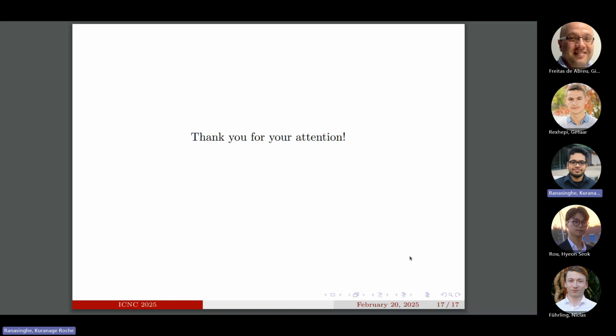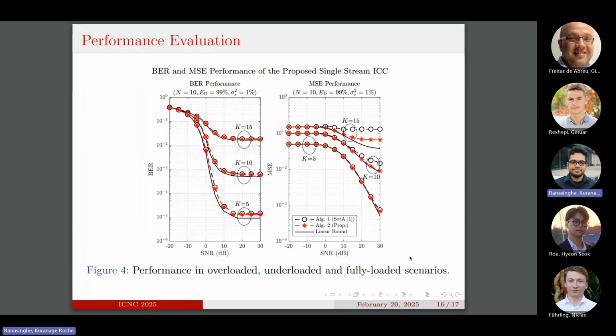Yes, so there is a trade-off, and we have looked into it a bit. But the general idea is that we want to achieve this computing functionality without really disturbing the communication performance, right? So the moment that we start increasing the computing signal power, you're going to get distortions in the communication performance, which is not something that we want to introduce into typical communication systems, so to say, right?